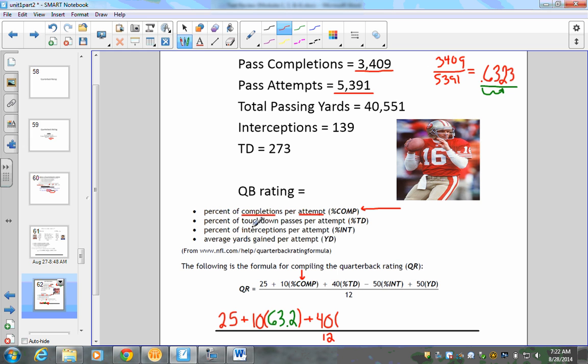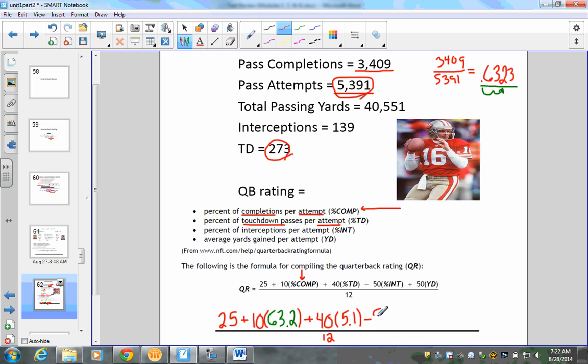Touchdown percentage is touchdown passes per attempt. So that is 273 divided by 5,391. I don't know if you picked up on this, but pretty much every number you're going to be dividing by the pass attempts. So our next number is 5.1%. I went ahead and converted it.